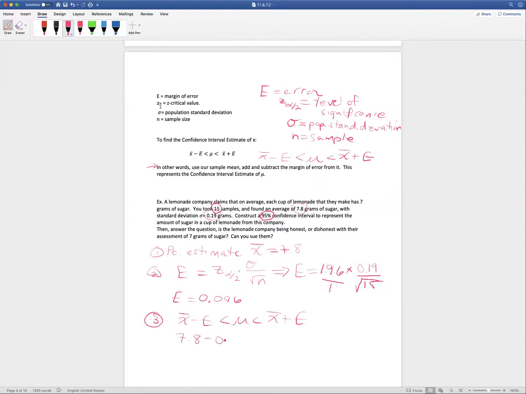Subtract the error, 0.096, is less than mu, which is less than 7.8 plus 0.096. And when we get an outcome, 7.8 minus 0.096 is 7.704, is less than mu is less than 7.8 plus 0.096, which gives us 7.896.